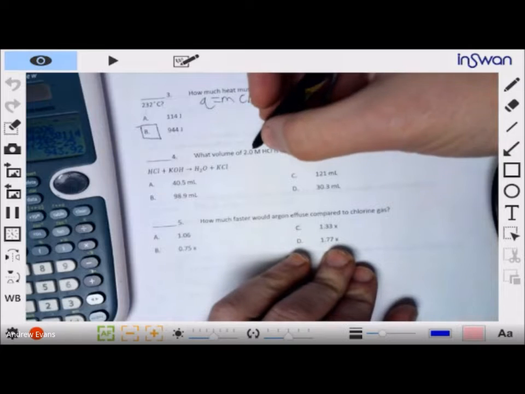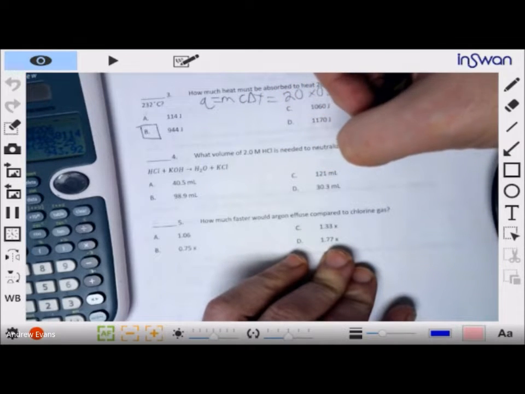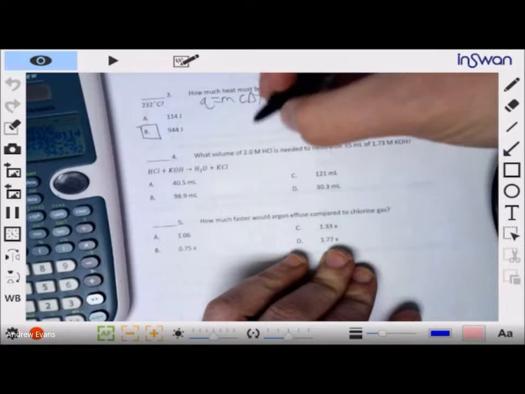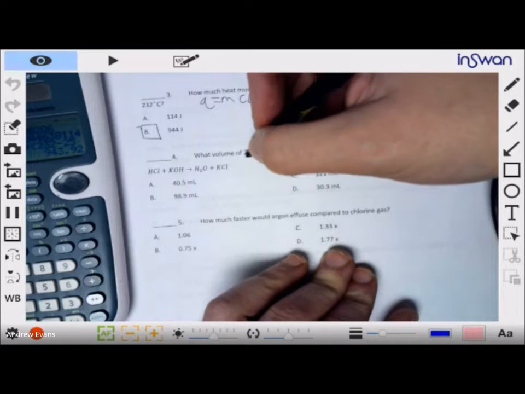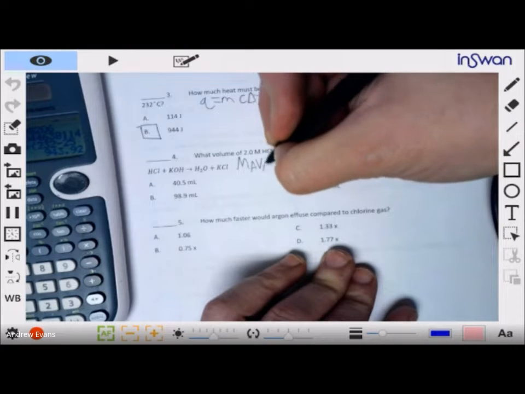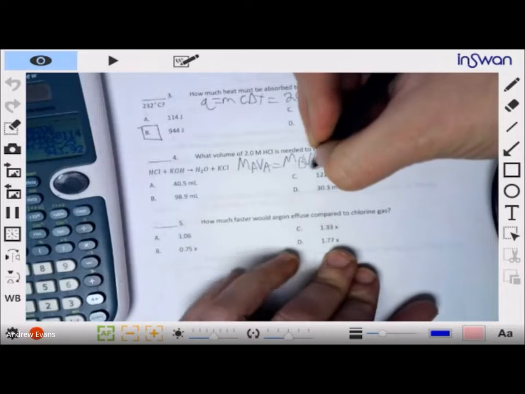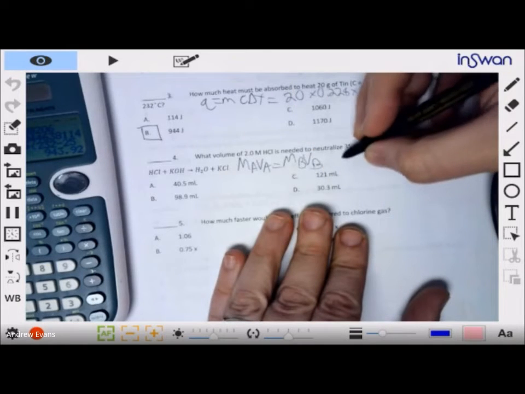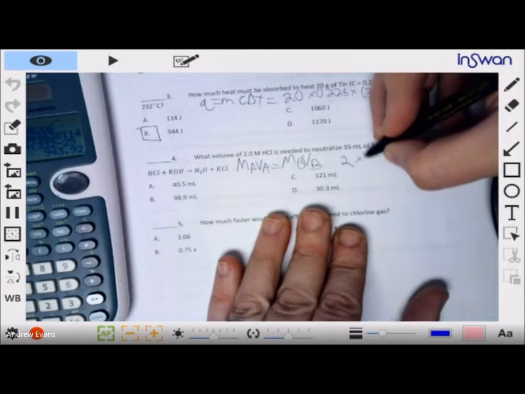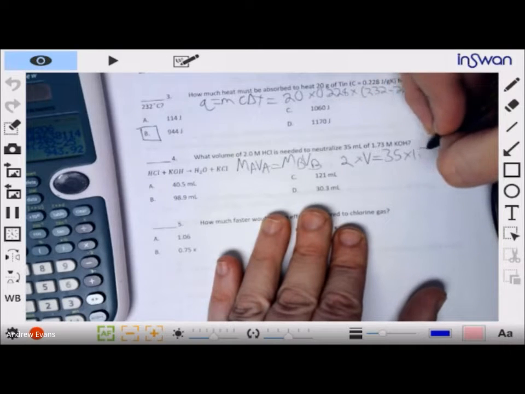Number 4. What volume of 2 molar acid, HCl, would be needed to neutralize 35 mL of 1.73 molar KOH? 1-to-1 ratio. Simply MA VA equals MB VB. Pretty straightforward. 2 times V equals 35 times 1.73.